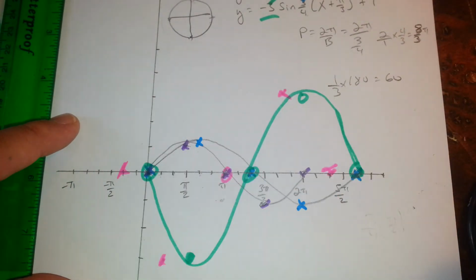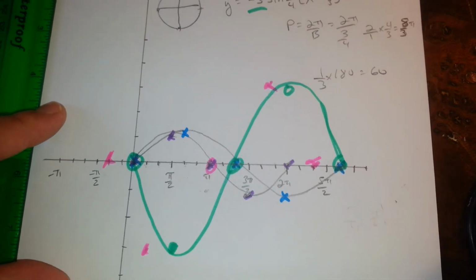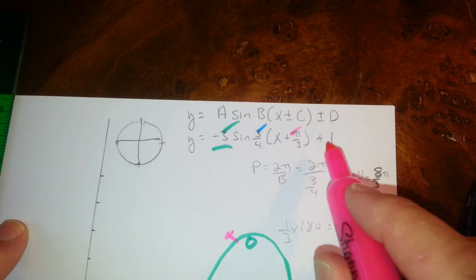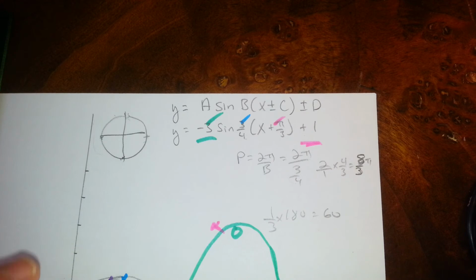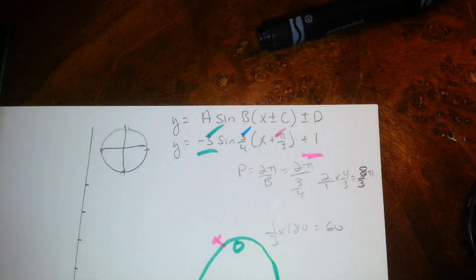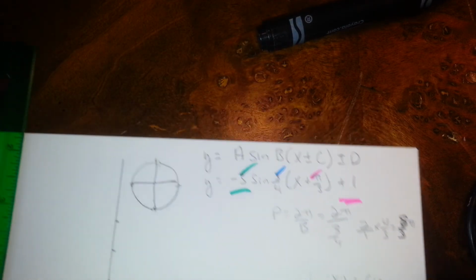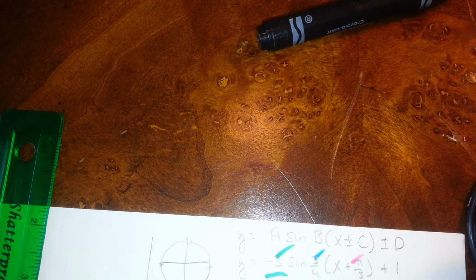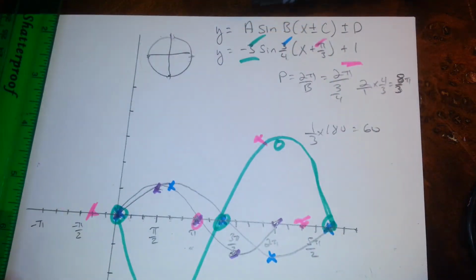Okay? And before I even combine those, I've got one. So now I've done the phase shift, and now I can do the vertical shift, plus, and plus does mean up. Okay? Here it is. Let's do this one in green.